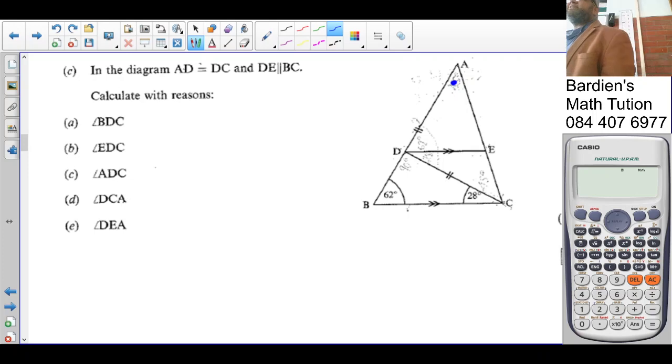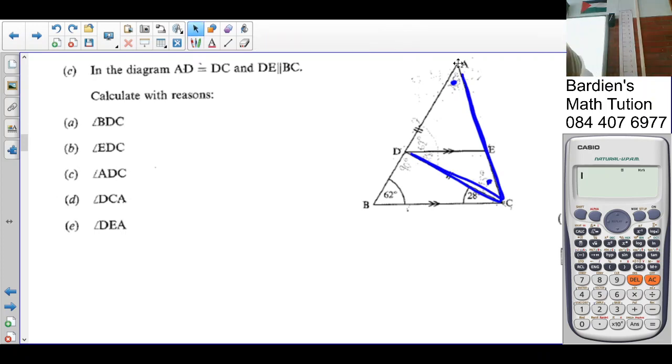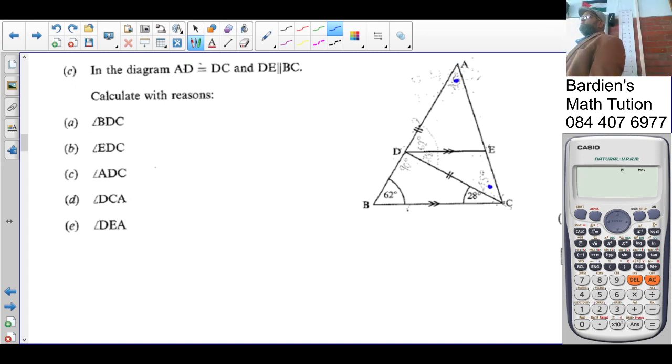Can I just say angle C? No. I must say DCA or ACD, the same thing. And what theorem are we using there? Angles opposite equal sides. Not so.